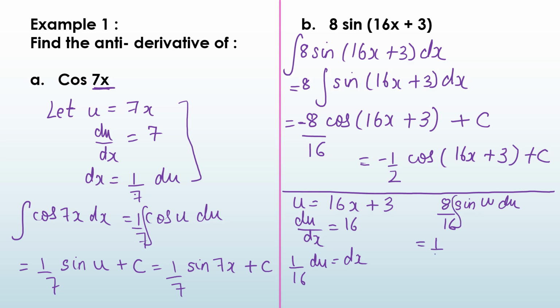So that would have given you 1 by 2 times minus, because the integral of sine is negative cos, so cos u plus c, so negative half cos 16x plus 3 plus c. So you've got the usual method, and that's the specialist maths method. Up to you, whatever method you use, you won't be penalized.